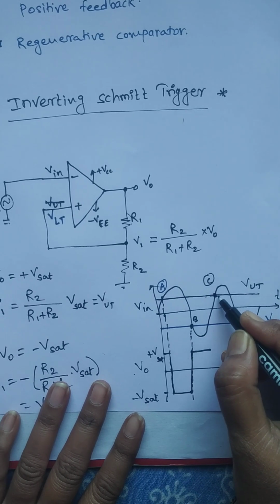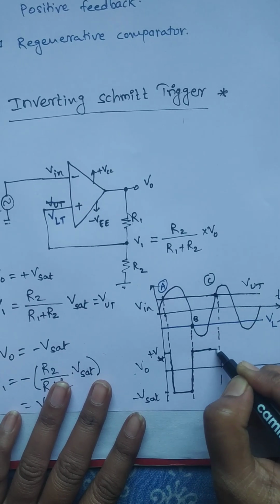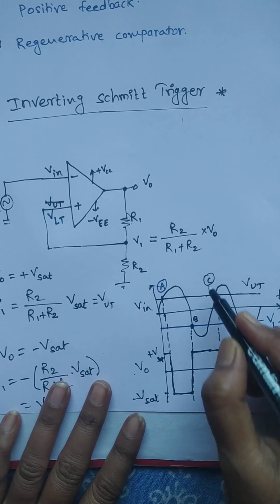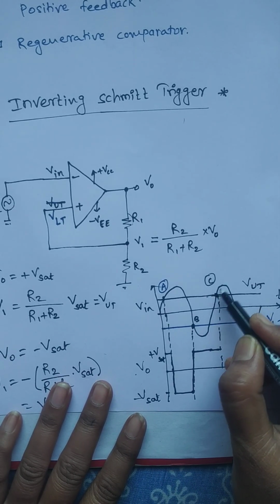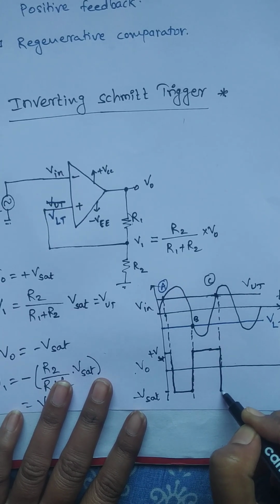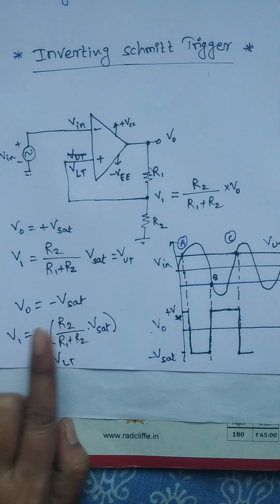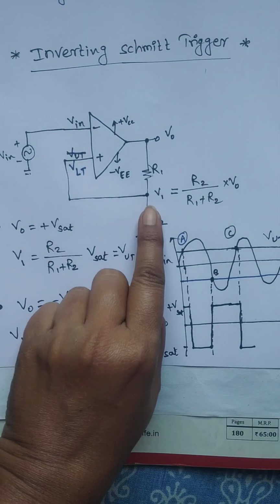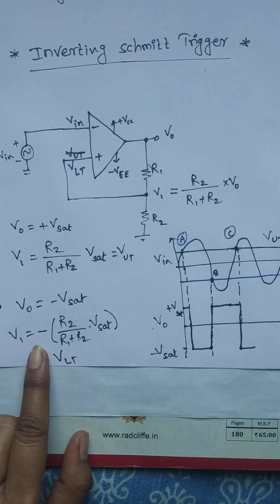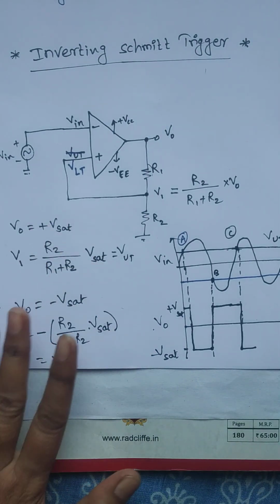Up to this point it will remain plus Vsat, and as soon as Vin becomes larger it will switch to minus Vsat. Again, as soon as V output becomes minus Vsat, your voltage at this point will become negative, that is VLT, and these steps will go on repeating.